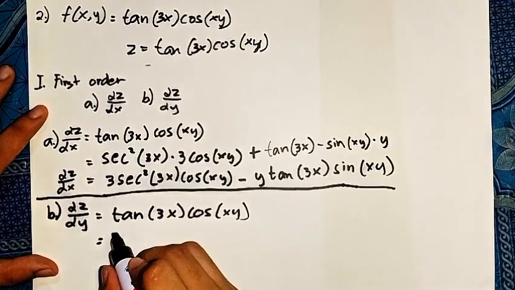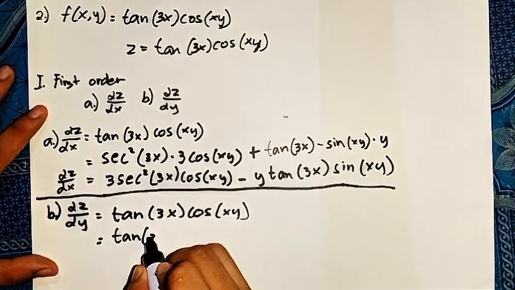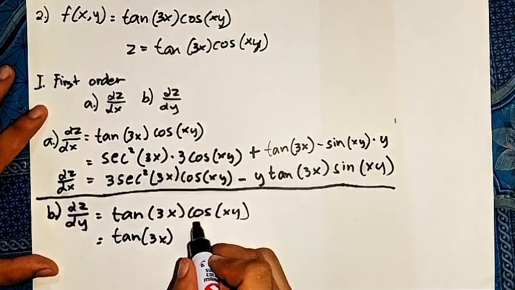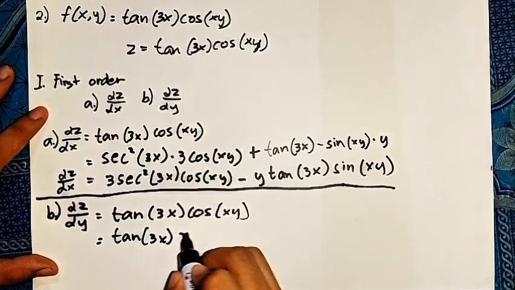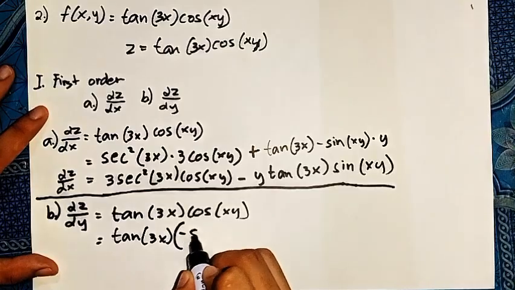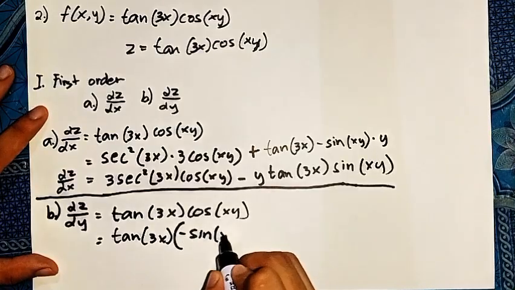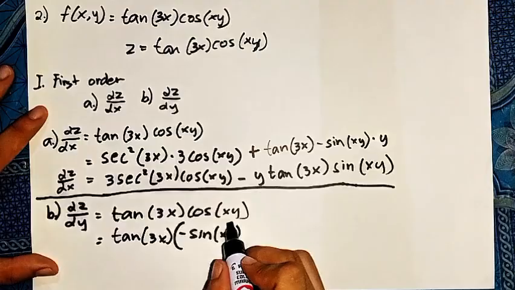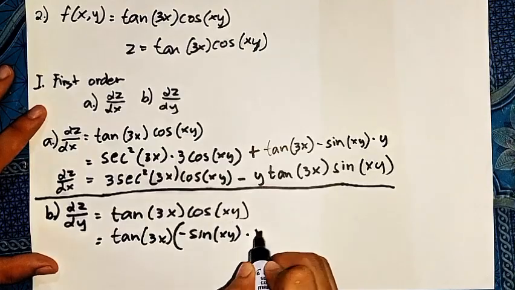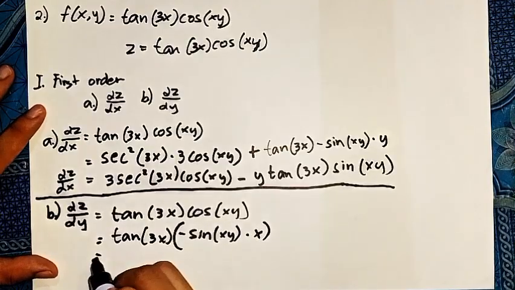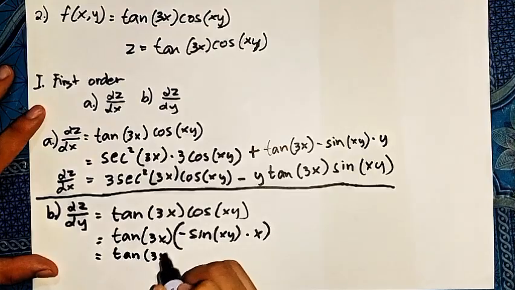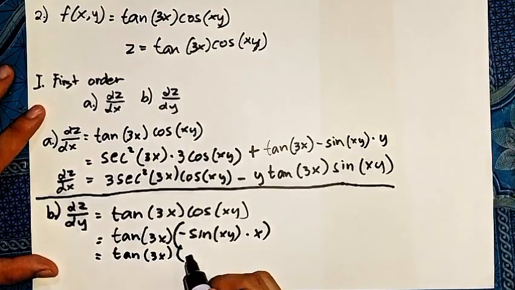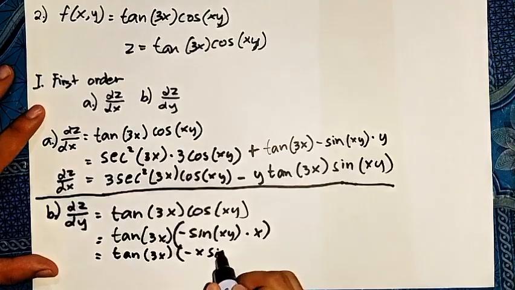So let's copy tan 3x. Now, the derivative of cosine xy, the derivative of cosine is negative sine xy. Now, the derivative of xy is x. So we have tan 3x times negative x sine xy.